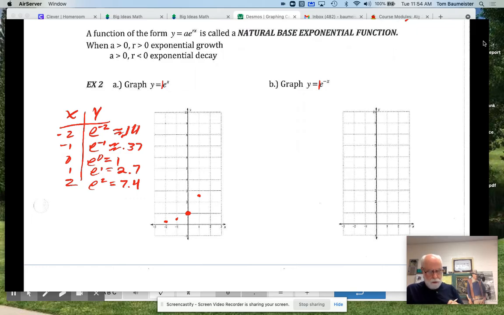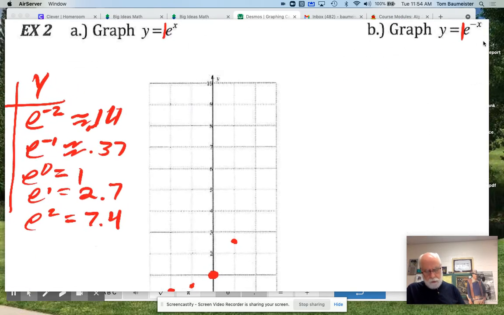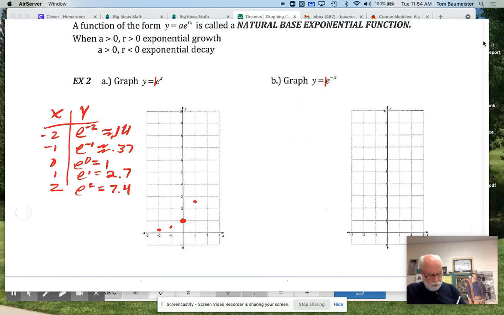So 7's right there. Notice I had to zoom in because I couldn't see it very well. So it's going to be 7.4, about right there. And again, just like yesterday, the x-axis is going to be an asymptote. We'll find out in a couple days that we can move that up and down. We'll still have an asymptote.